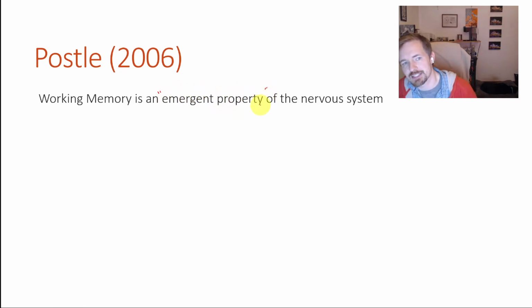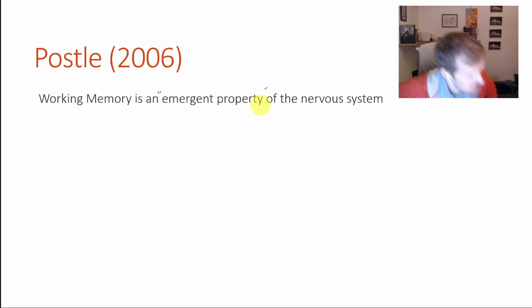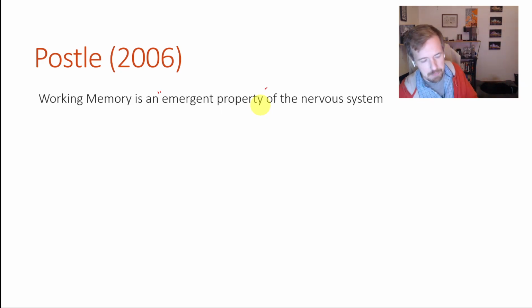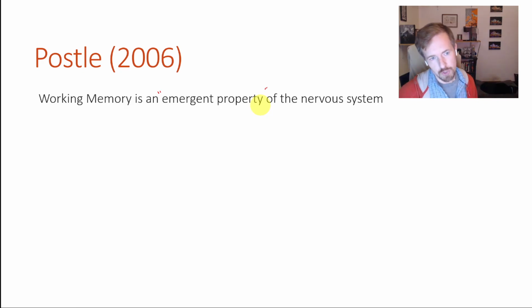And the idea is that there are some things that when you try to reduce them to their smaller individual features, it doesn't work. It only works whenever you have a few key ingredients together that when they interact, it creates something new and novel. And his argument was that the nervous system is made up of these separate components of the brain. And when those components are activated, that is what gives us working memory.